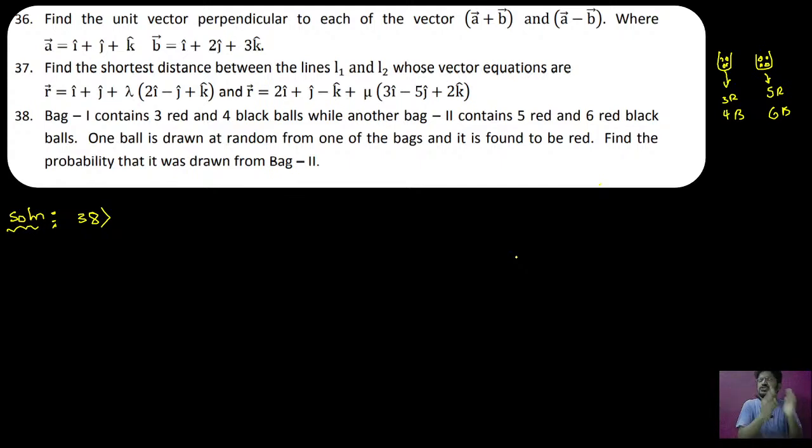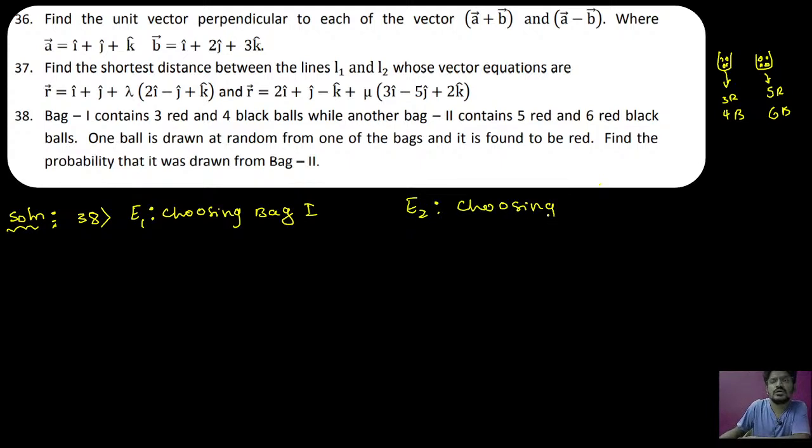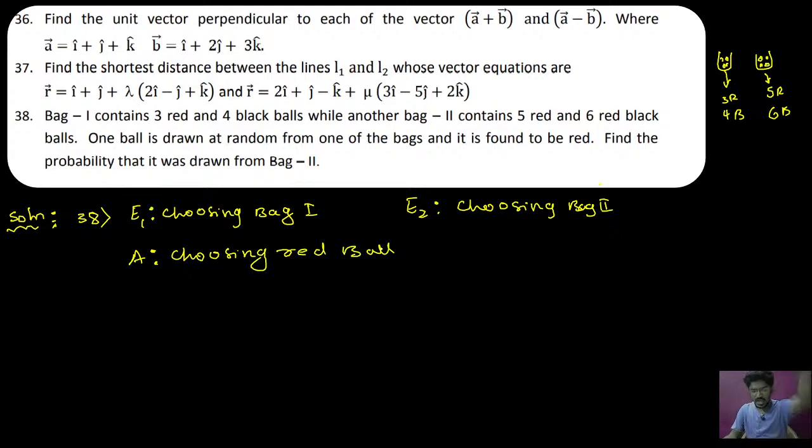So event E1 will be choosing bag 1, event E2 will be choosing bag 2, and event A will be choosing a red ball.